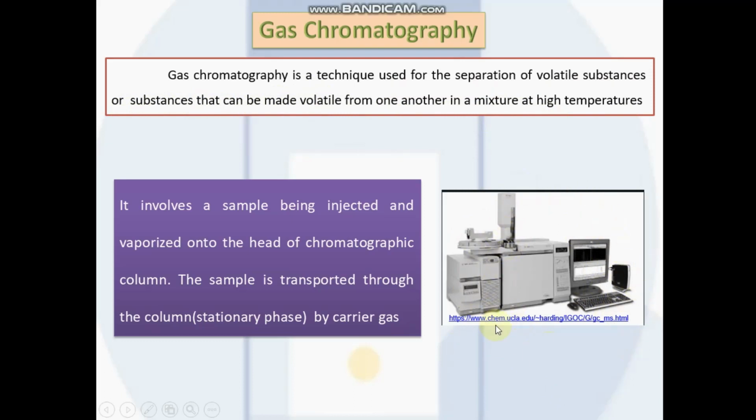This involves a sample being injected and vaporized onto the head of the chromatographic column. The sample is transported through the column, that is the stationary phase, by a carrier gas.